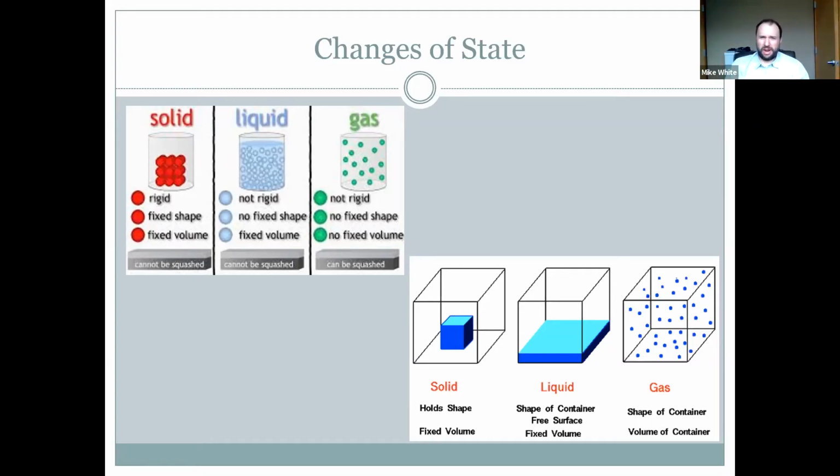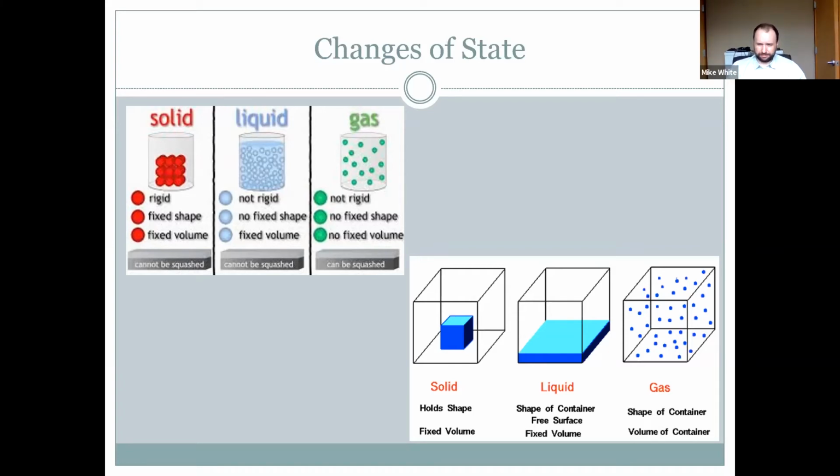Gases, just like liquids, will fill whatever space they're confined to. The difference between a liquid and a gas in terms of how they act is that a liquid has a fixed volume, a gas does not.